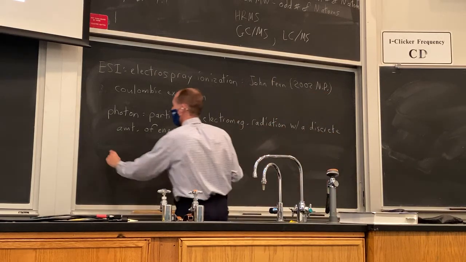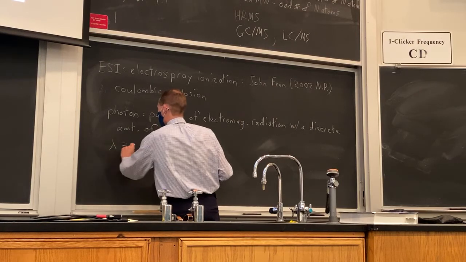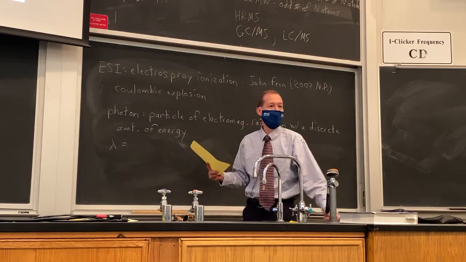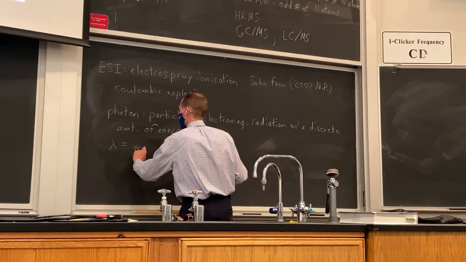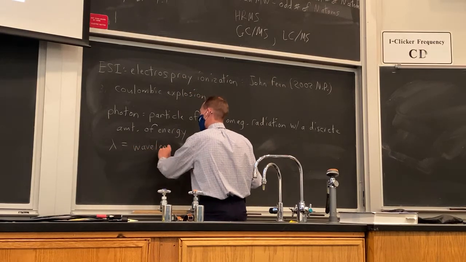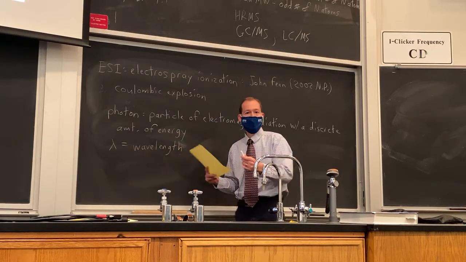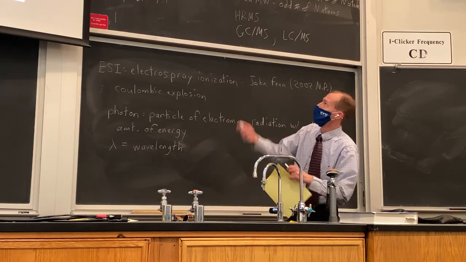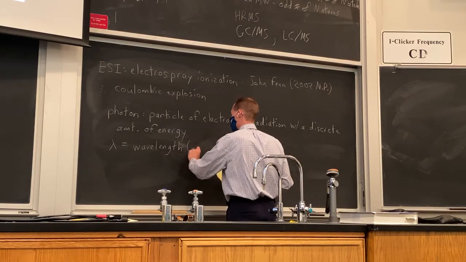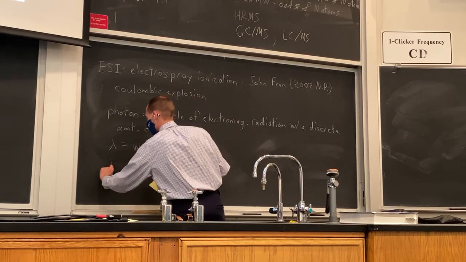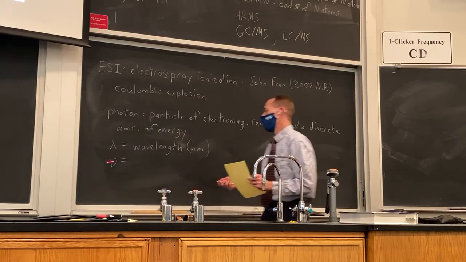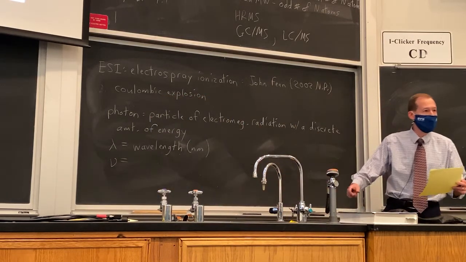Okay? Then we have lambda. What is lambda? That's our wavelength. What do we use to measure lambda? We use nanometers. We can see that up here on our scale. Nu, that's not a V, that's a Greek letter nu. What does that represent?